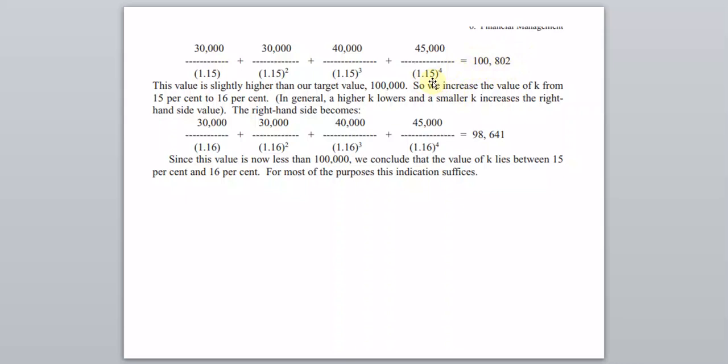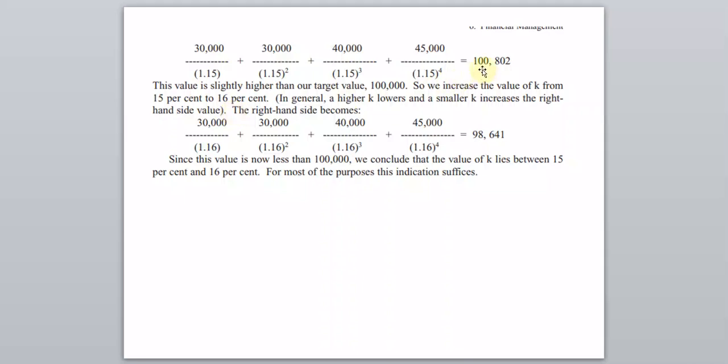We are going to change this rate of interest from 15% to 16%, generally higher. In general, a higher K lowers, and a smaller K increases, the right hand side value.